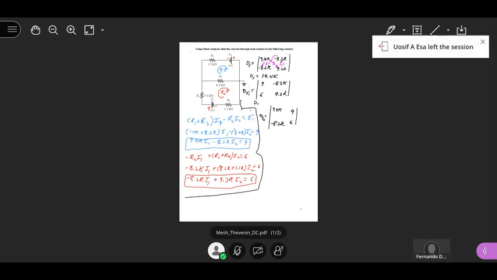Now the DI1 will be equal to 9 times 9.2K minus 6 times minus 8.2K. This is going to be 132K, right?